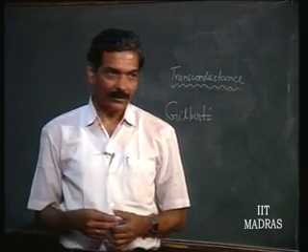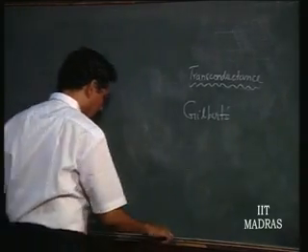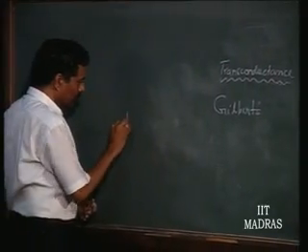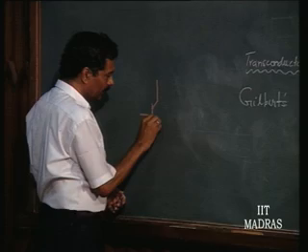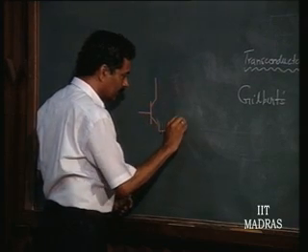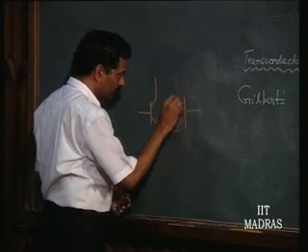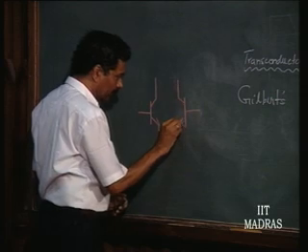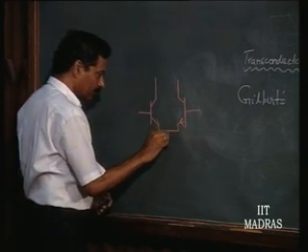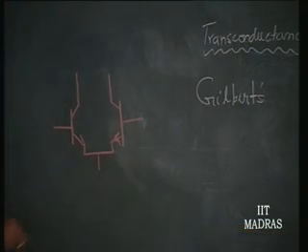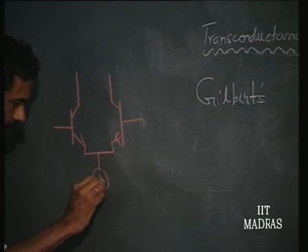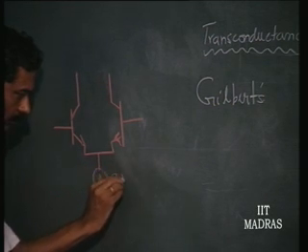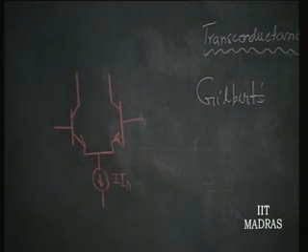What does it comprise? It is made up of a transistor cell with input coming from two diodes through which currents are flowing. This is 2 I naught.